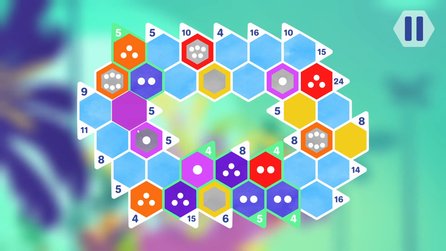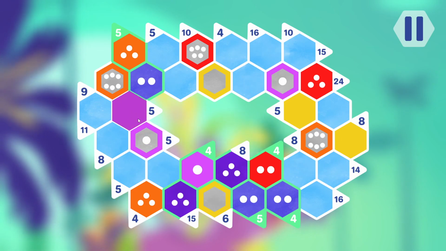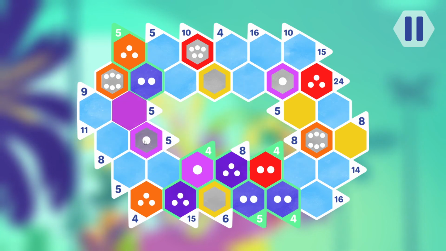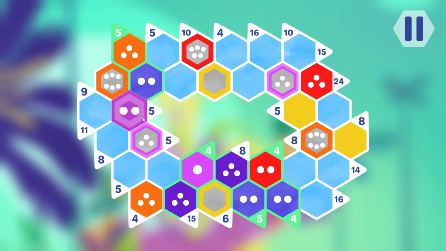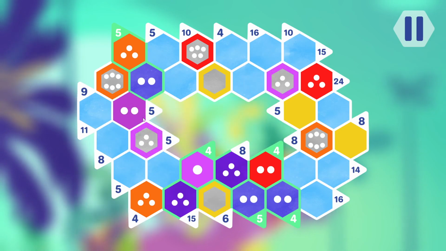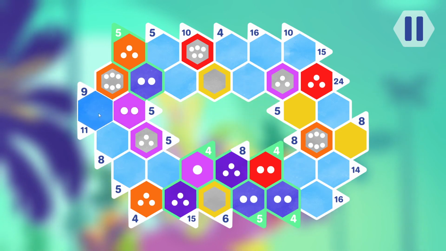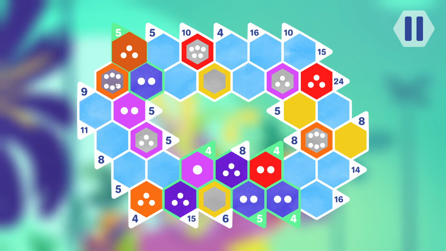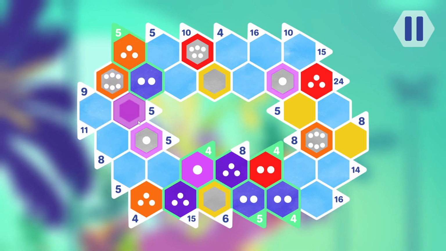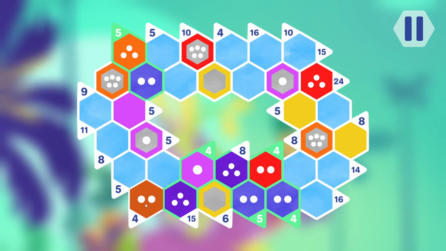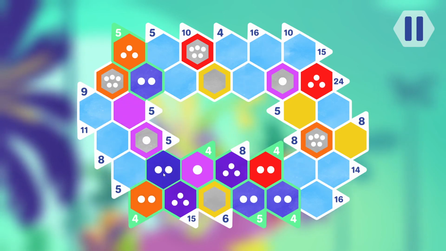So if this is 5 in total, then we have to put 2 here. Oh, okay, so we'll have to put 2 right here, and this will make it 3, and it's too much, it's 12 already. So this is not 2, and this is not 3, so this is 2 actually. Since it's 2, then this is 2 as well.